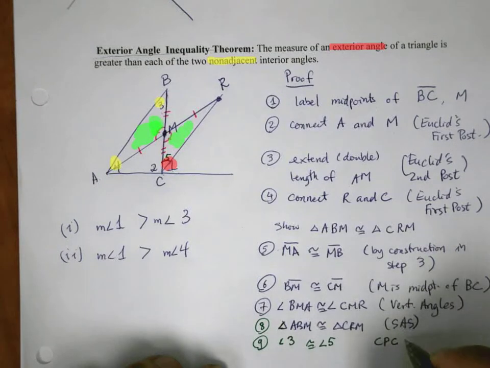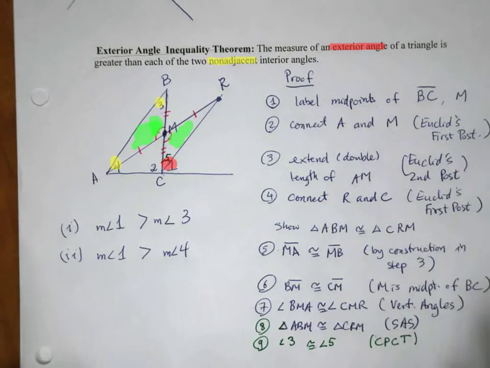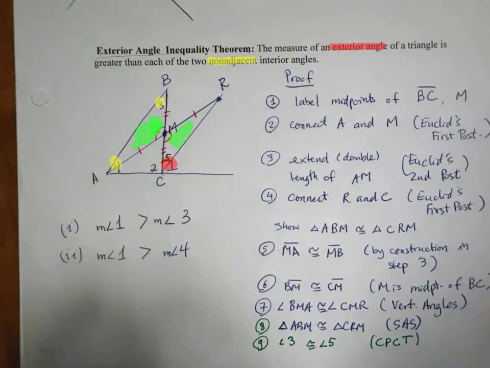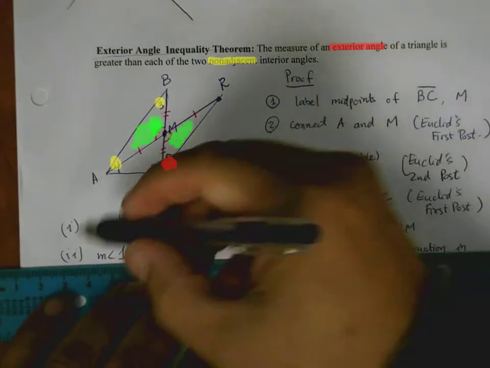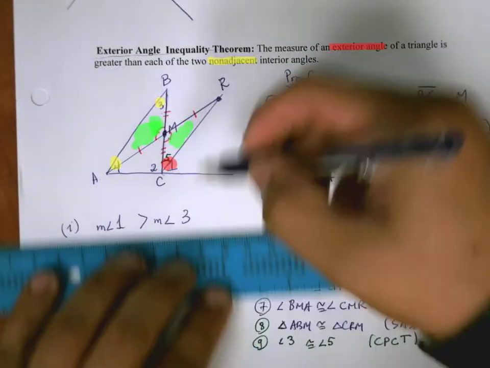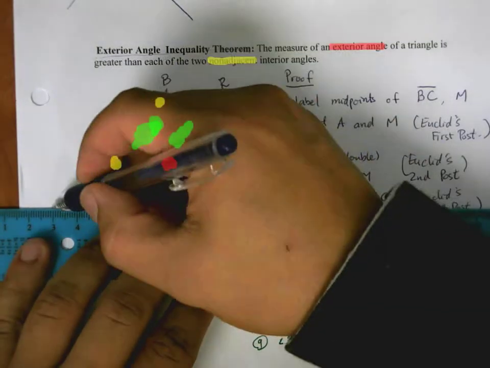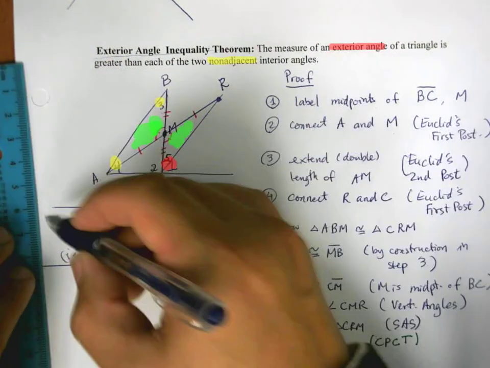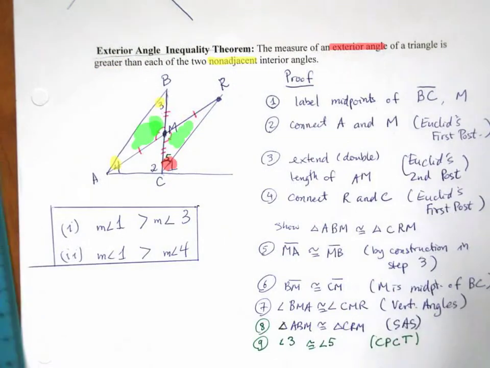So since the triangles are congruent, then the parts of them must be congruent as well. Okay? And I'm running a little bit low on space here, so I'm going to finish my proof over here. And I want to separate that from there.